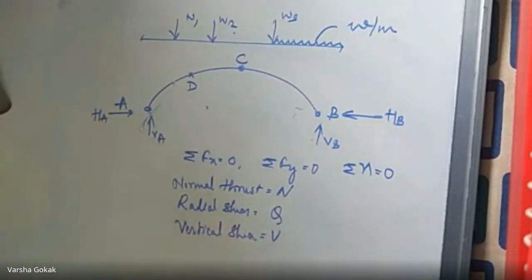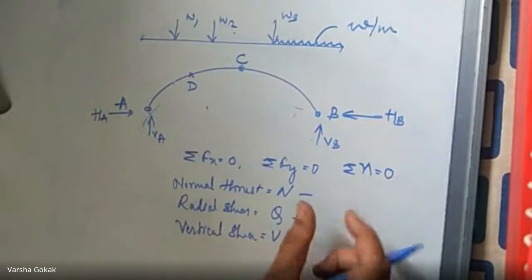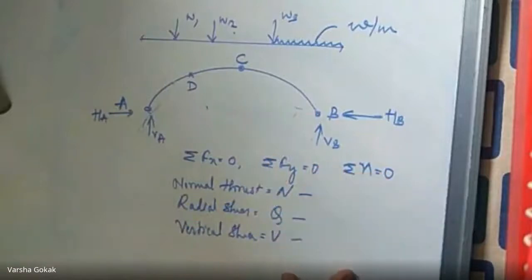Vertical shear you can write also, or the other nomenclature is also fine. So there are equations for these three, and it takes 5 minutes, we'll write the equations for these three, and then those equations will be applied to the numericals, and we have to find the normal thrust, radial shear, and vertical shear for the given example. So tomorrow onwards we will go with numericals.